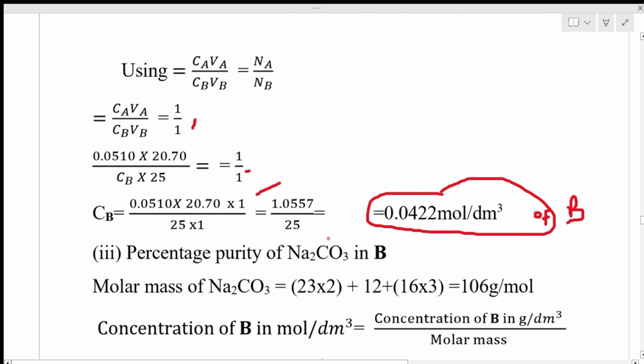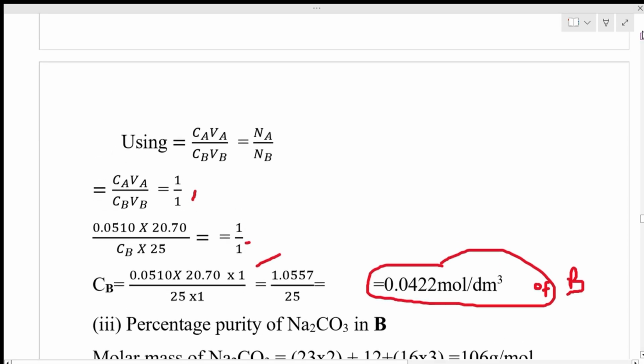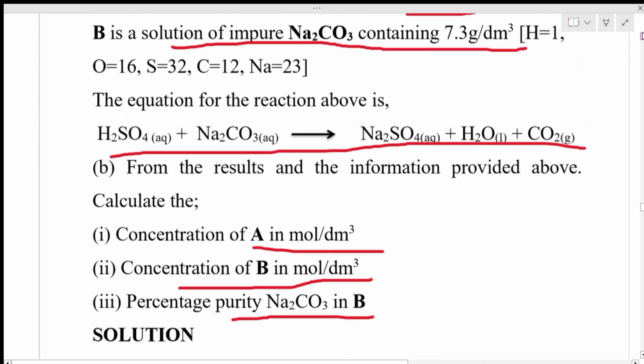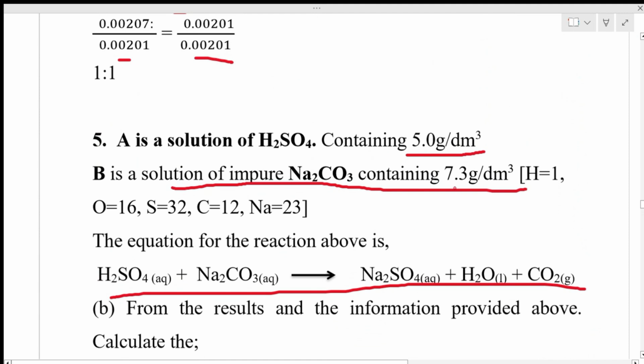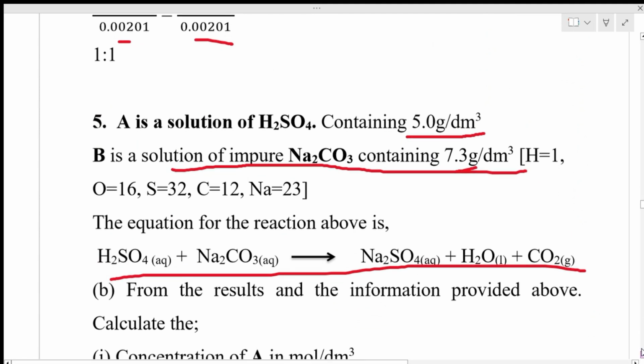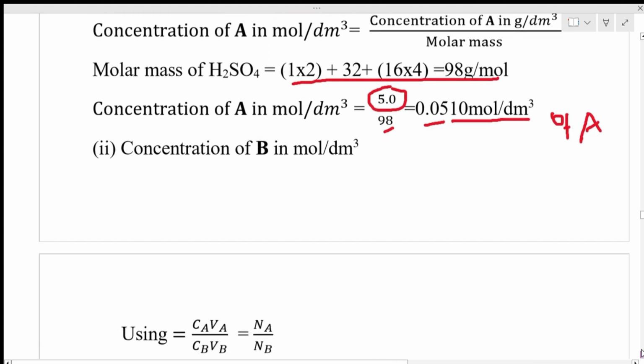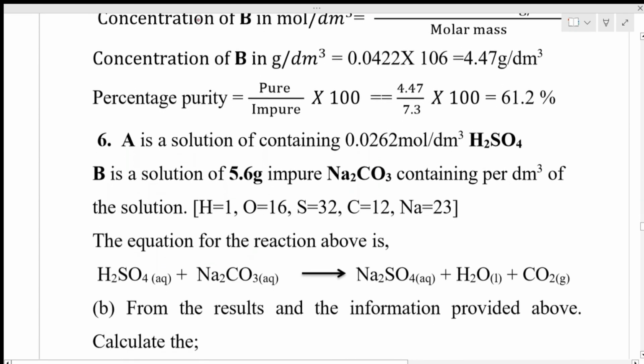Alright, lastly, we have to calculate percentage purity. Now look at something important. Here we are given the impure value to be 7.3. Our formula for calculating percentage purity is pure over impure times 100.